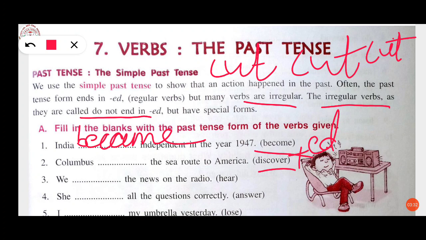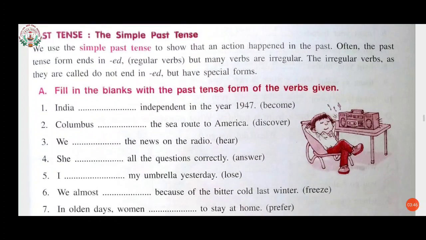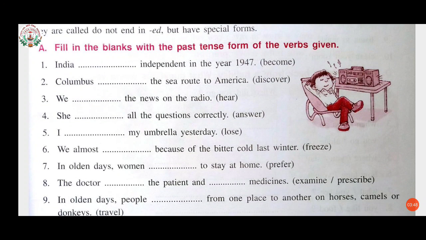Now see the third one, what is given. We dash the news on the radio, and in bracket is given hear. So here past tense will be heard, HEARD, heard. Now fourth one, you can see she dash all the questions correctly. In the bracket the answer is given.